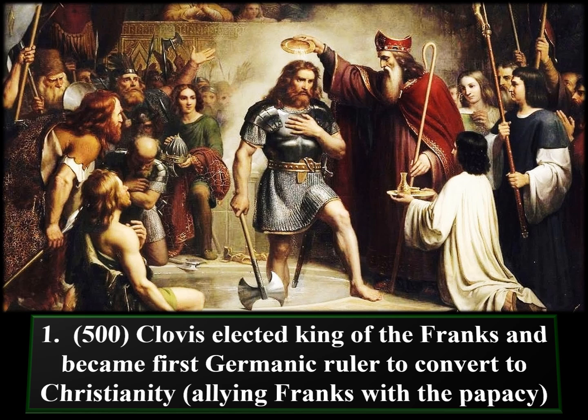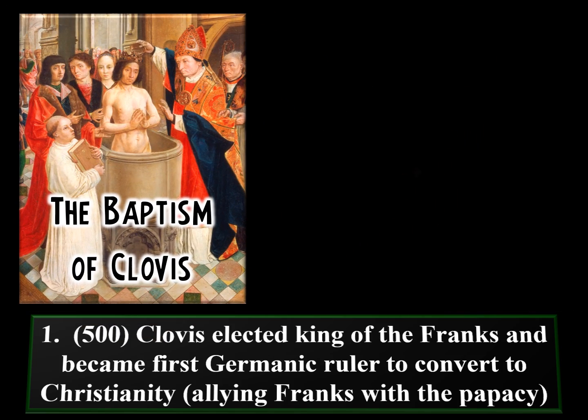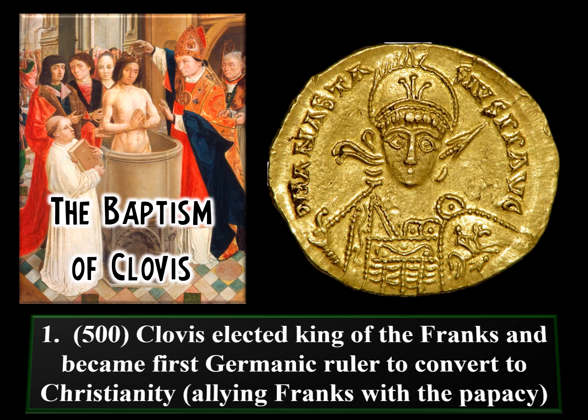That acted as a unifying force to allow for those Franks to be able to rule over these former Roman citizens. And also that unity will be solidified when Clovis is baptized. Okay, the baptism of Clovis ultimately represents the Franks accepting Christianity, and of course, he forces all of the Franks to convert to Christianity.